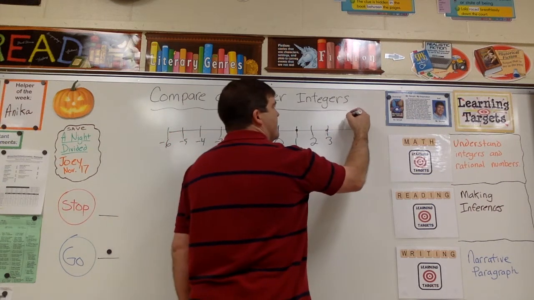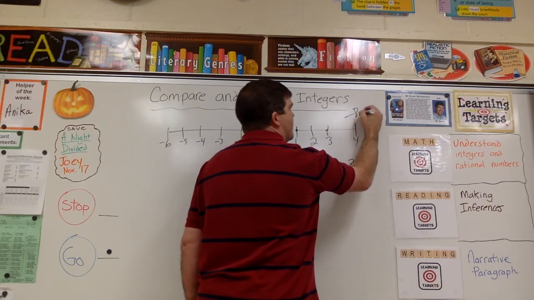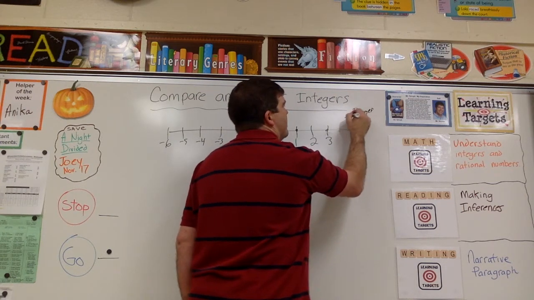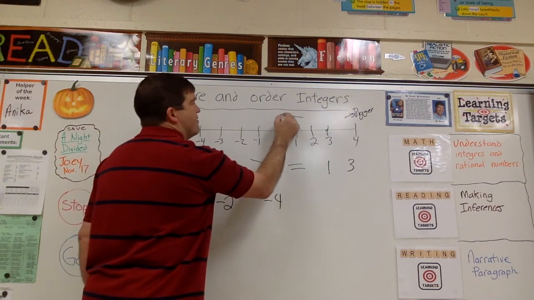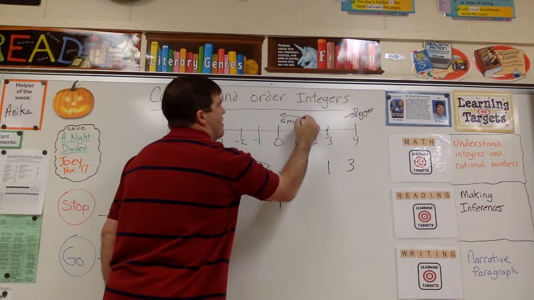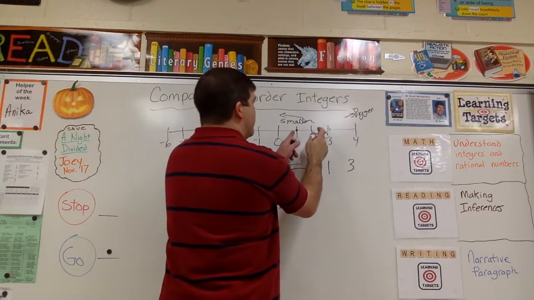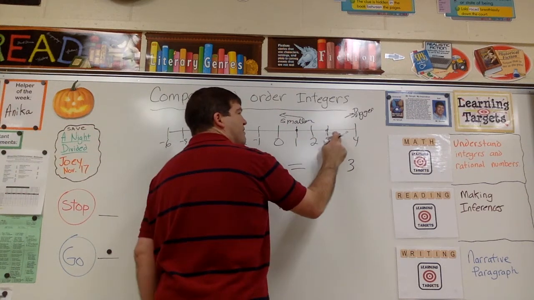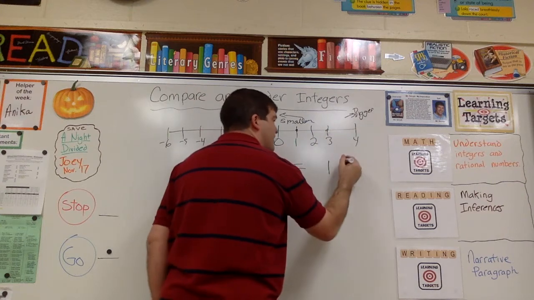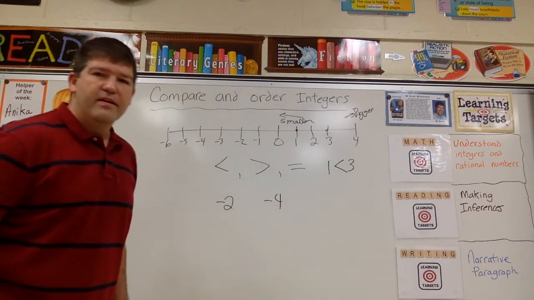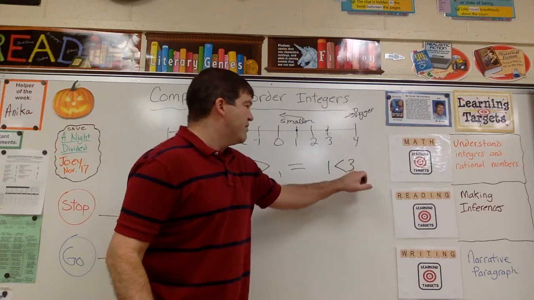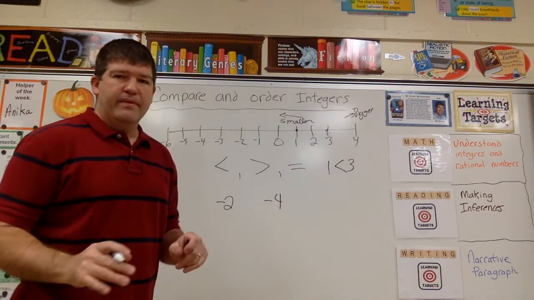Now, this is going bigger. Anything that way is bigger. Anything this way is smaller. So, this way is going smaller, this way is going bigger. 3 is on that side, so that's bigger. 1 is less than 3, or 3 is greater than 1.